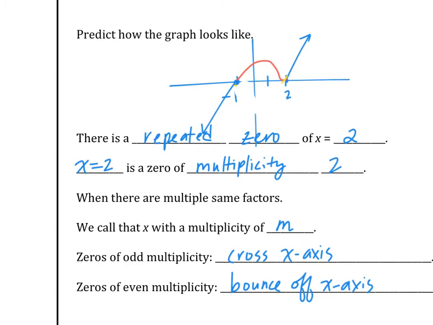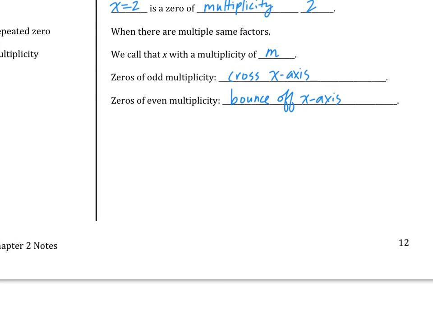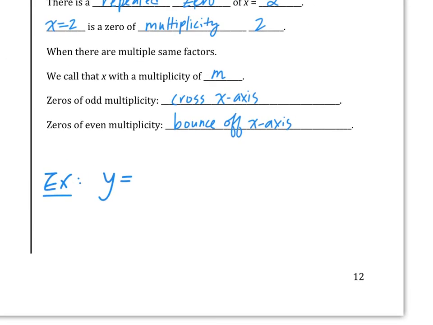Let me see if there's a practice. Let me just have you guys practice one, and then we will be done for today. So let's practice this one. Y equals, let's do a weird one: negative x minus 3 squared times x plus 1 times x cubed.